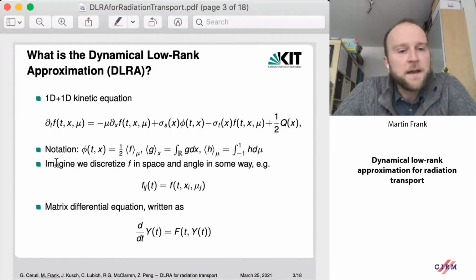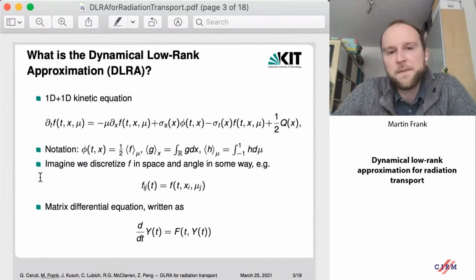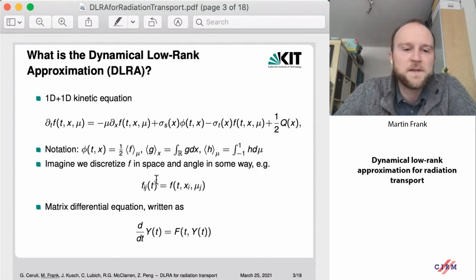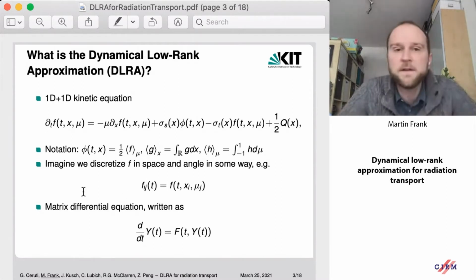All right, now assume that you discretize this equation somehow, or semi-discretize it somehow in space and in velocity, in these two one-dimensional variables. And what I end up with is a quantity that depends on two indices, right? The index i is the spatial discretization, the index j is the angle or velocity discretization.